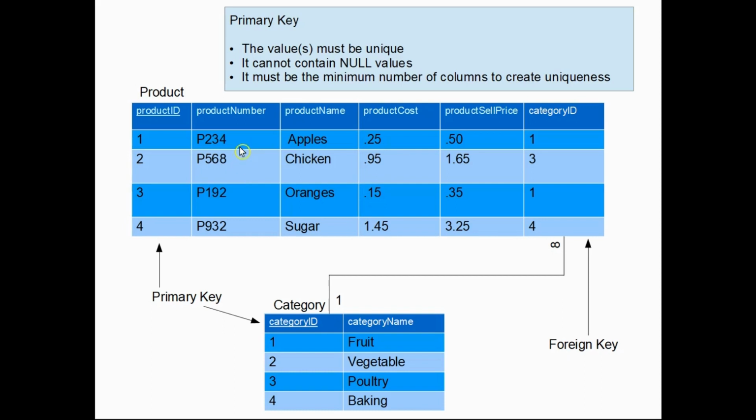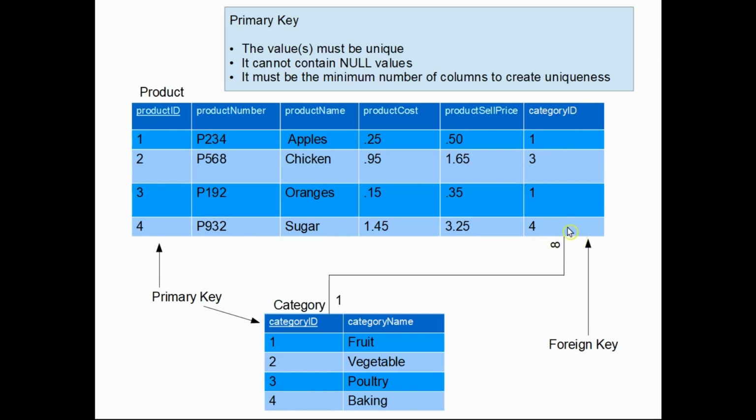This is known as a candidate key. Other columns could be a primary key, but you just pick one or two columns to make up the primary key. If there's another column or combination of columns that creates uniqueness, those are candidate keys. The category ID column in the product table is known as a foreign key.